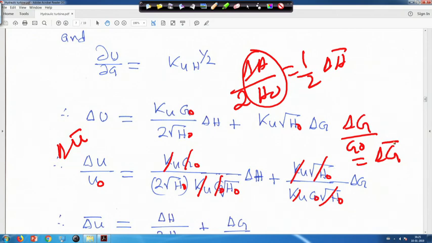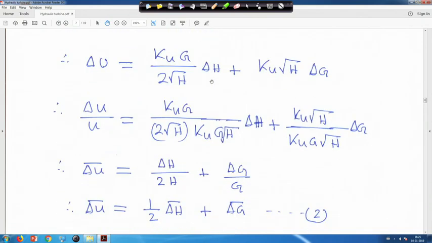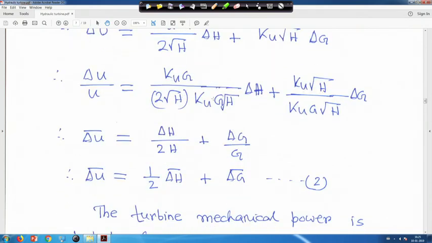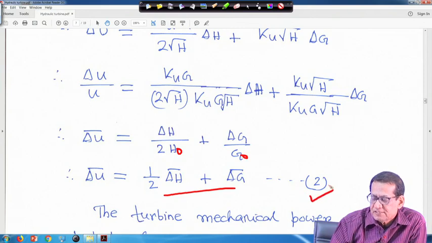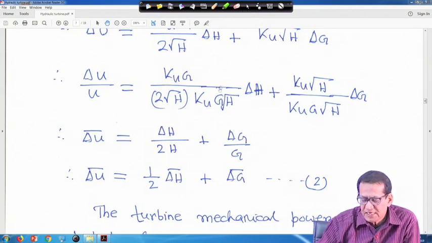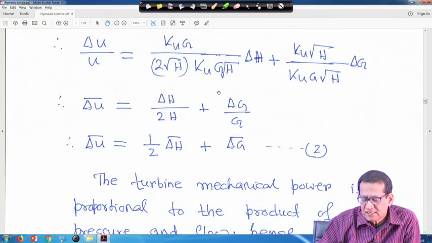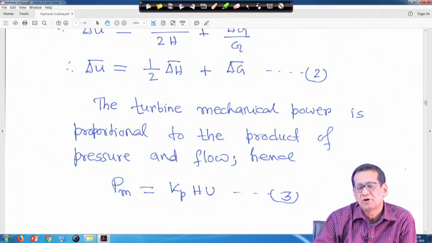So, that is why this equation, delta u is equal to, based on that, 2 h 0 and g 0, right. So, delta u bar is equal to half delta h bar plus delta g bar, this is equation 2, right. Therefore, the next part is the turbine mechanical power, which is proportional to the product of the pressure and flow, right.